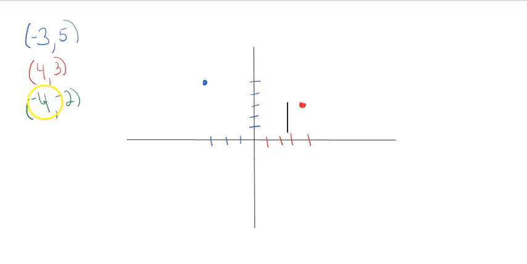So a -4 would send me to the left, a -2 would send me down as my Y value. So -4 means I'm going left 4 from 0, 0. So 1, 2, 3, 4. And the -2 going down 2. So left 4, down 2 puts me about right here. So that's just a quick reminder of how to plot points.